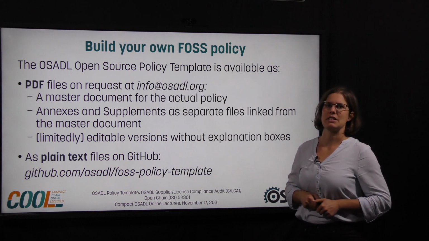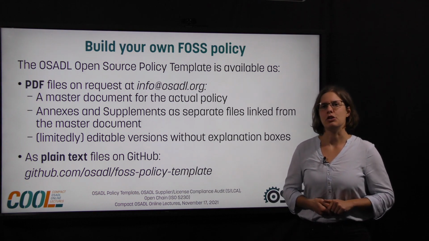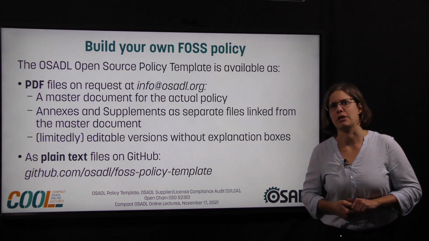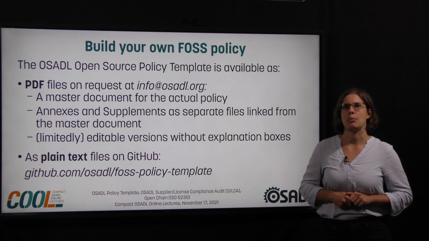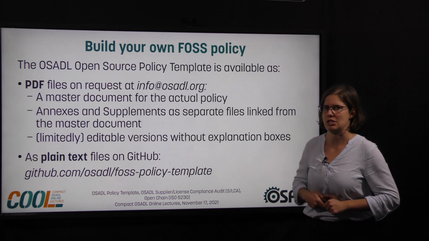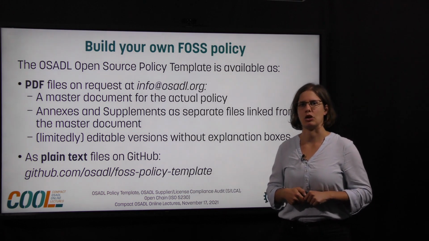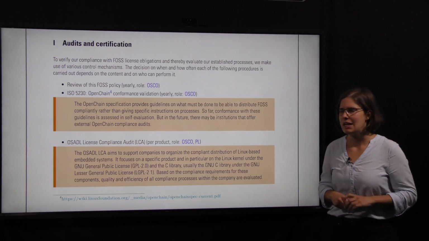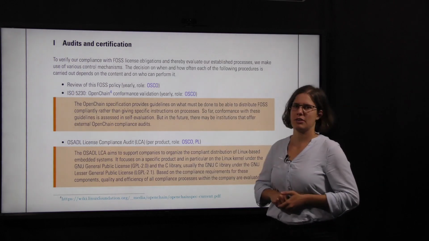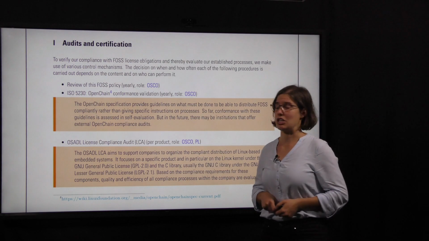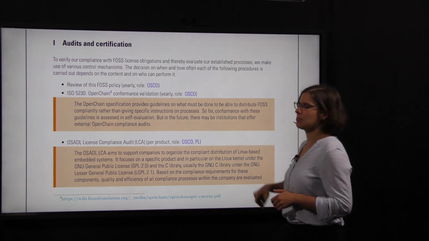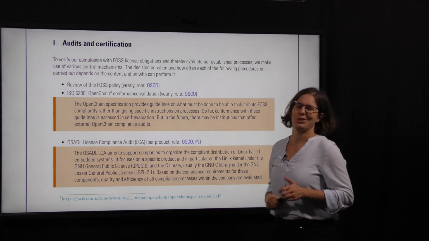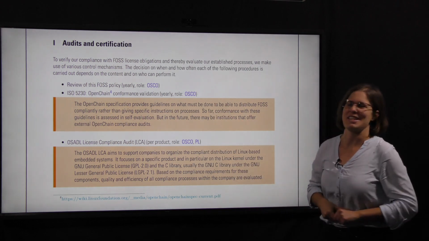And at the end of this year, we expect a new version of the policy with some additional use cases, with some additional supplements, and a few minor changes on the existing document as well. Just a quick view of what the policy document itself actually looks like. So here we have the document with the explanation boxes, and of course the chapter on audits and certification.